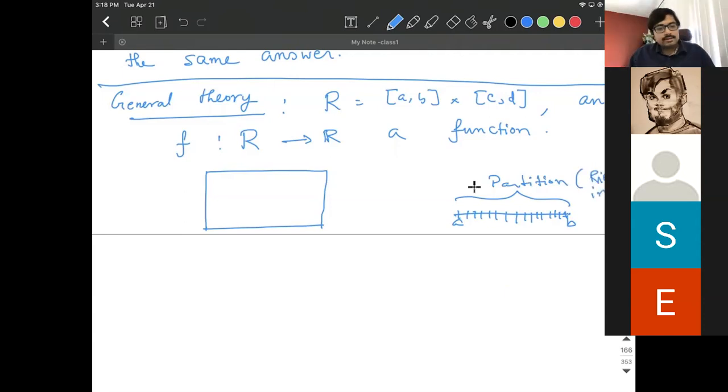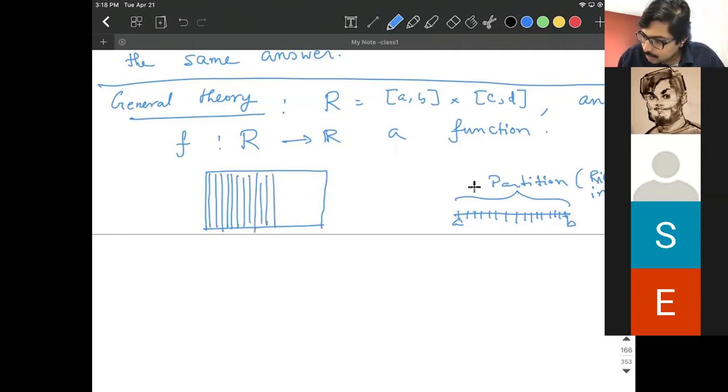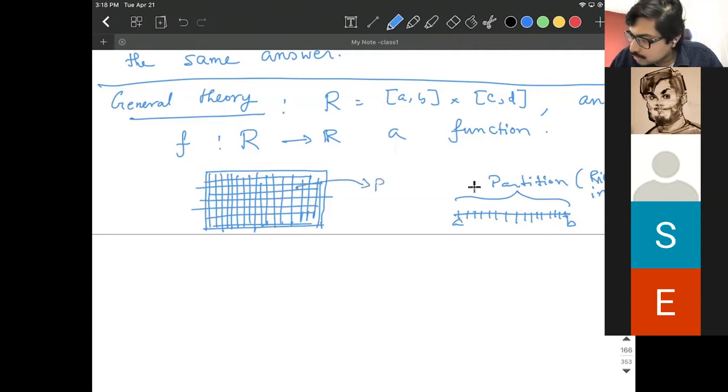Now, what you do here is something similar, but since this is a two-dimensional structure, you partition this in two directions. So you partition this rectangle into tiny square boxes, tiny squares rather.